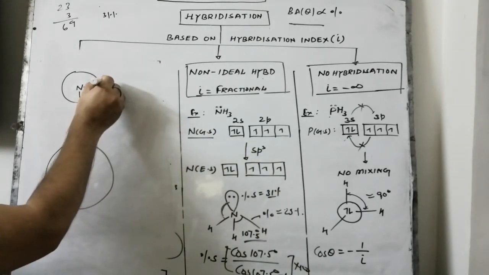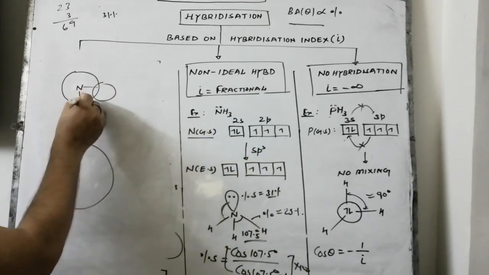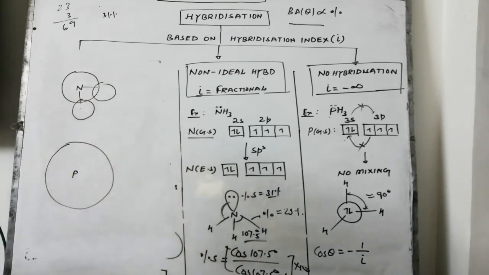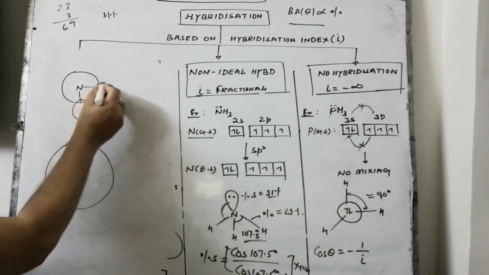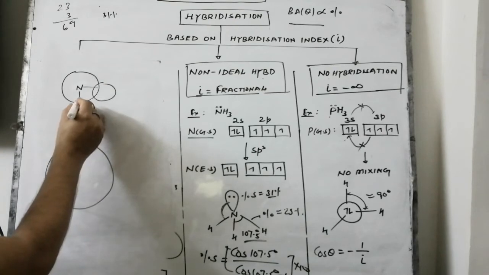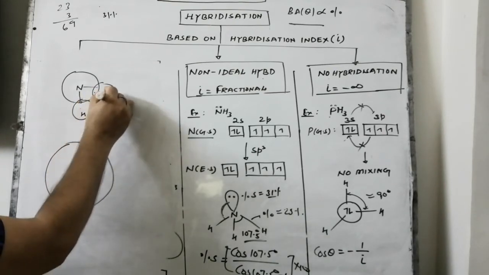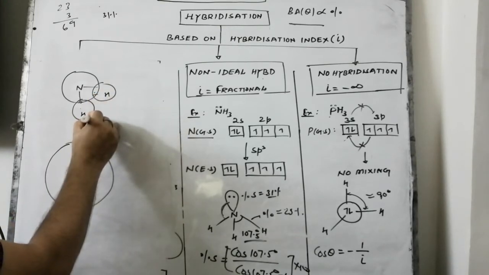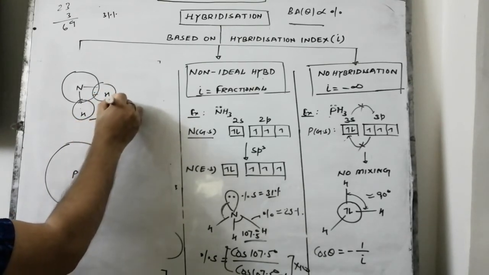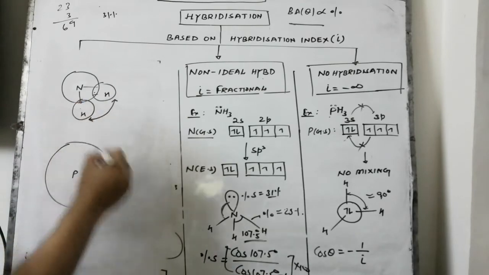So hydrogen's orbitals I am showing by this much size. These are s orbitals of the hydrogens. And if bonding happens in this process, then these hydrogens will be very close, and if they are close, there will be a great steric repulsion between them.